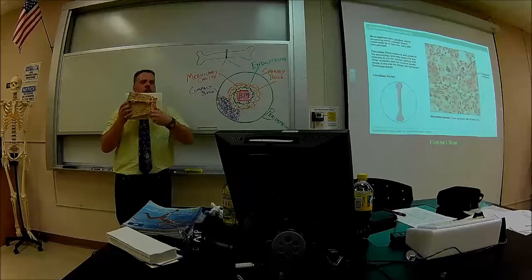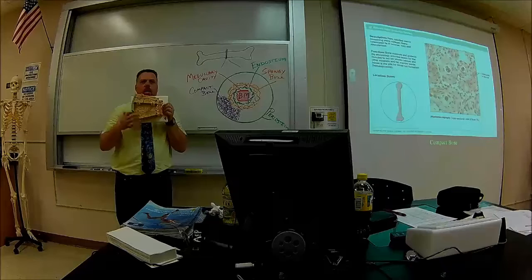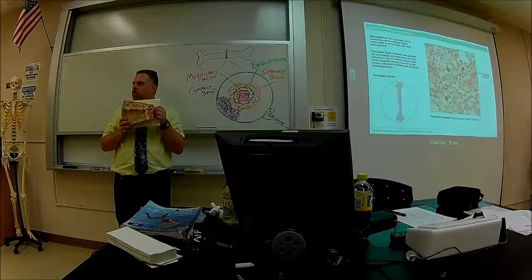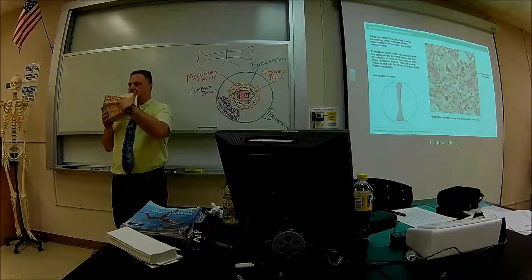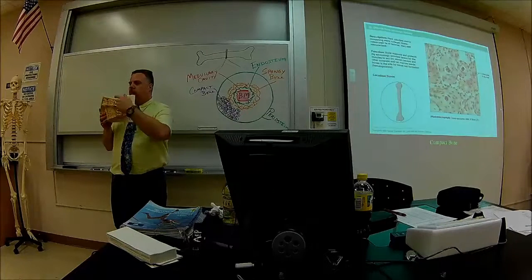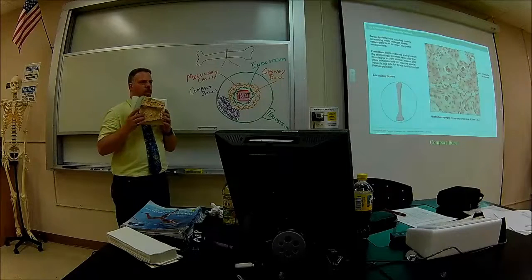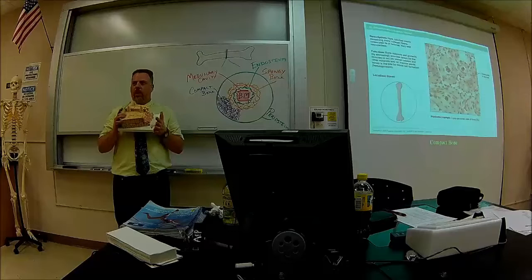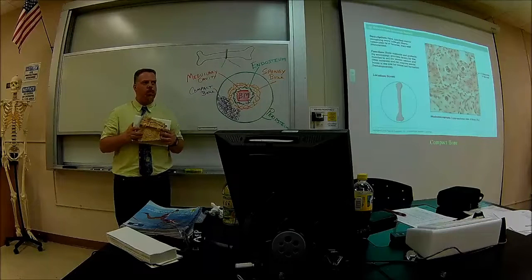You could also see some of the spongy bone here. You could also see all of the compact bone that's happening there. All right, periosteum, medullary cavity. The lining of it is the endosteum. Spongy bone you can see here. Okay, questions on that? This will come back to you when we deal with skeletal system.